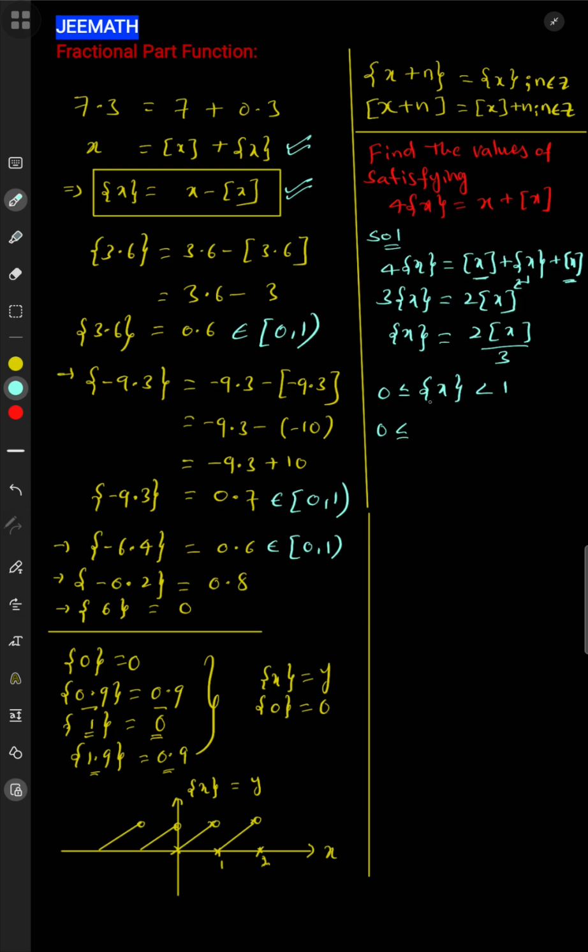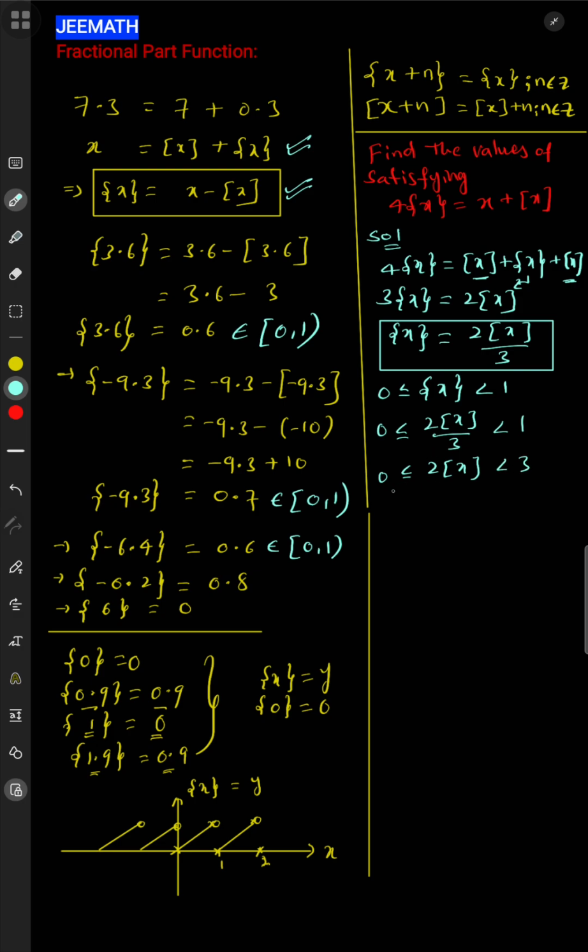So 0 is less than or equal to the fractional part of x, which from this equation can be written as 2 step x by 3, less than 1. Now you multiply with 3, then what do we get? 0 less than or equal to 2 step x, less than 3.